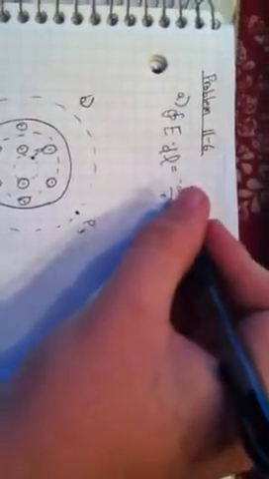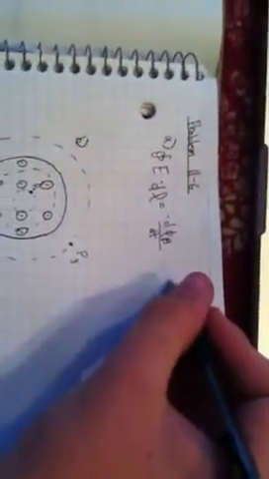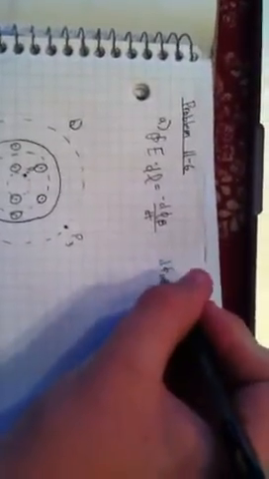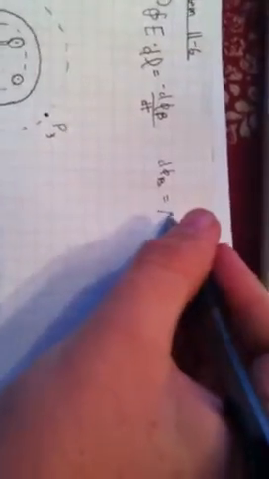I use B for magnetic field, you can use whatever you want. But we know that flux equals the number of magnetic lines through a given area. So d flux equals the area times dB, and you can plug that in there.